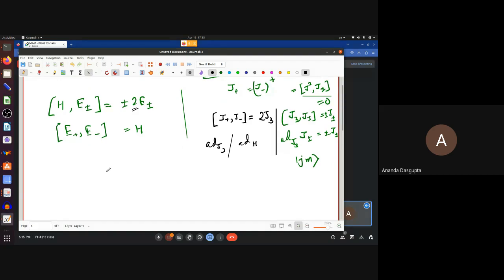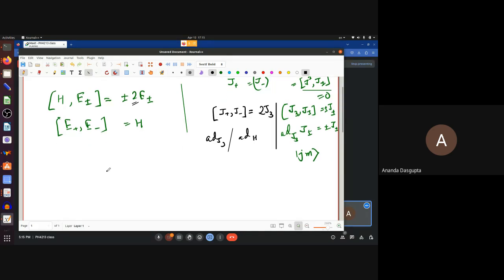And one of the reasons why this is nicer than using J3, J plus minus, is that with J3, remember, angular momentum theory tells you that J squared can have eigenvalues j(j+1), and J3 has eigenvalues m. The basic feature of these eigenvalues is that they have to be either integers or odd half integers.